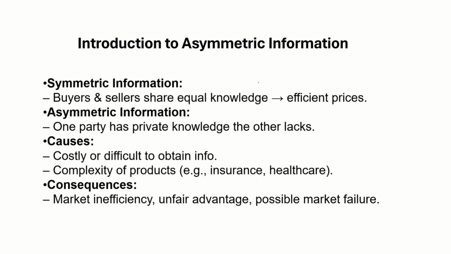The seller, however, knows everything: whether the car has had an accident, whether it's had any repairs, and so on. That's a classic case of asymmetric information. The seller has more information than you do. As a result, you might end up paying more than the car's actual value, which is an unfair advantage and possibly market failure in most cases.